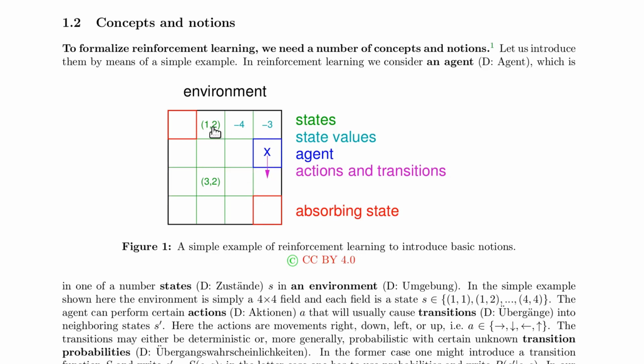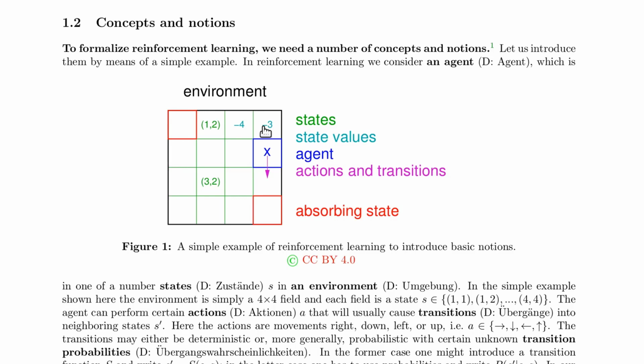The states have a description. In this case it's the coordinate of the box, and they have a value, -4 or -3 or whatever. These values are unknown to the agent, so the agent has to learn these values, and it has to learn a so-called policy.